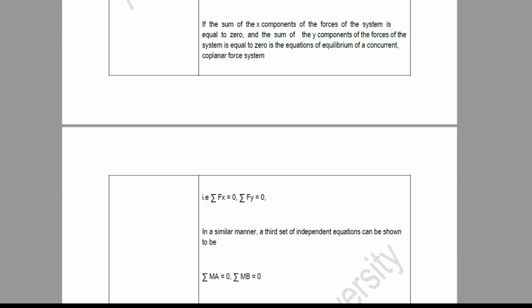Is it clear? Now, from the previous figure, the sum of the x components of the forces of the system is equal to zero, and the sum of the y components of the force system is equal to zero. Then this is called the equation of equilibrium. Okay, that means you can see that the sum of Fx equals 0 and the sum of Fy equals 0.